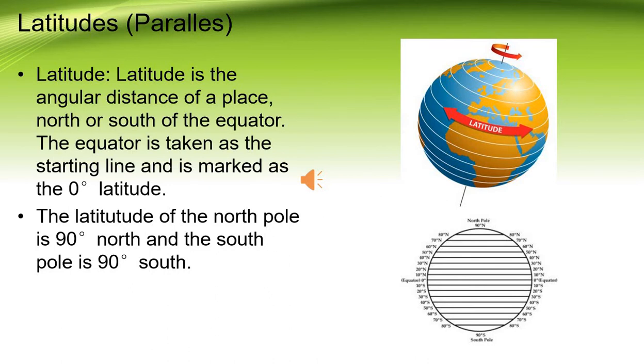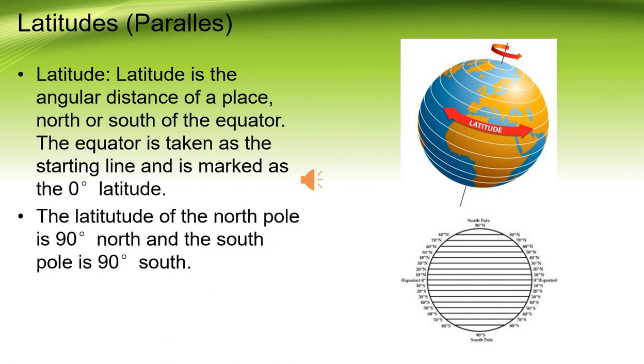Children, we have seen the globe and some lines on the globe which are drawn vertically and horizontally. These horizontal and vertical lines are called latitudes and longitudes. First of all, we will discuss what a latitude is and its importance.